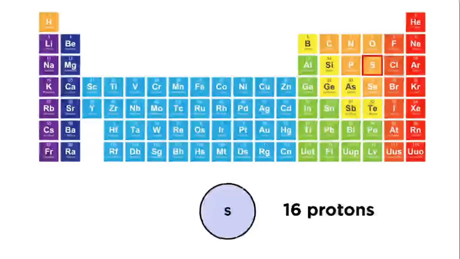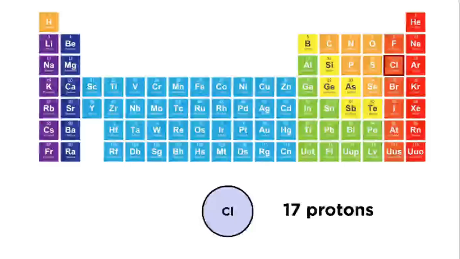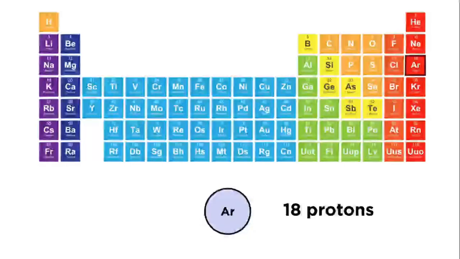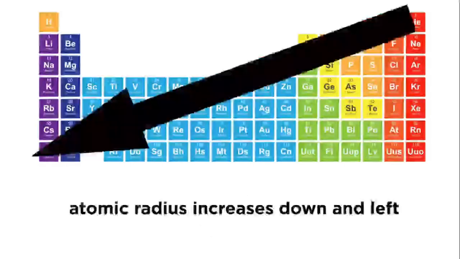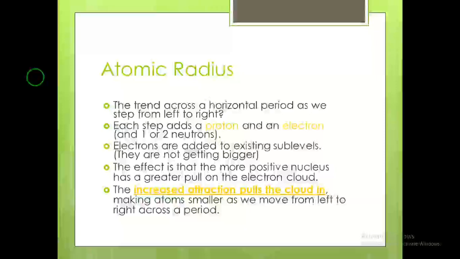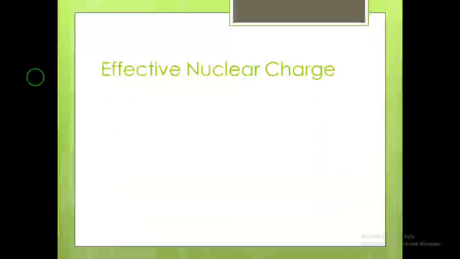So the increased attraction pulls the cloud in, making atoms smaller as we move from left to right across a period. Now this pull is caused by what we call the effective nuclear charge. So remember, down the group the atomic radius becomes bigger, but across the period it becomes smaller due to what? The effective nuclear charge.